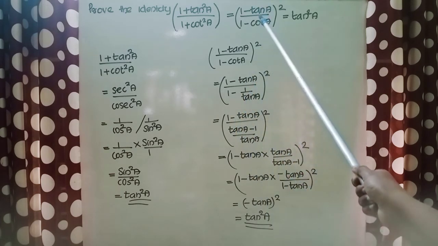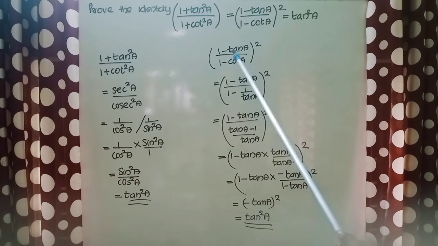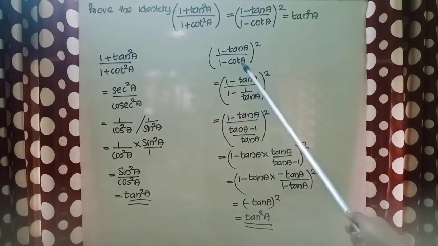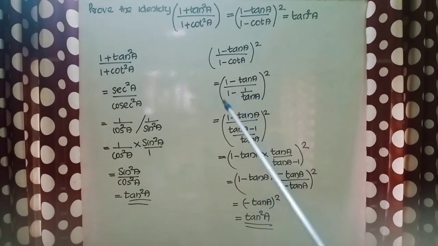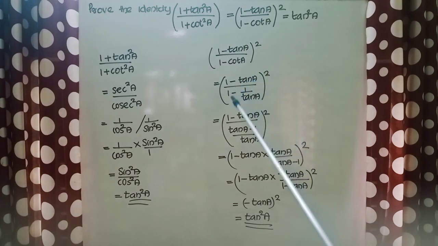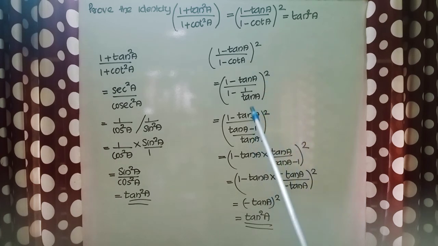Now let us consider the second part. ((1 minus tan A) by (1 minus cot A)) whole square. Here let us change this cot A as 1 by tan A. We get that is equal to ((1 minus tan A) by (1 minus 1 by tan A)) whole square.